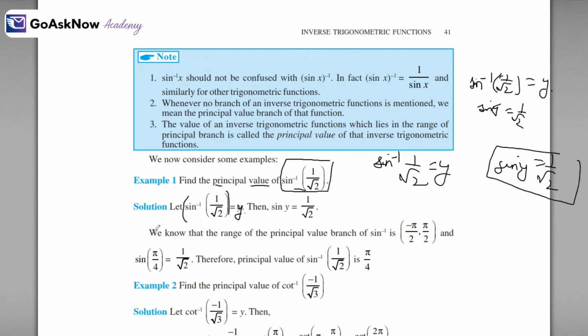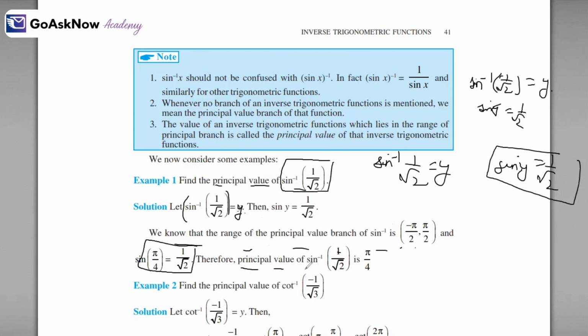We know that the range of the principal value branch of sine inverse is minus pi by 2 to pi by 2. This is the range of sine inverse in the principal branch; we have already talked about this. And sine pi by 4 is equal to what? 1 by root 2. This we already know, as we studied in 11th class that sine pi by 4 is equal to 1 by root 2.